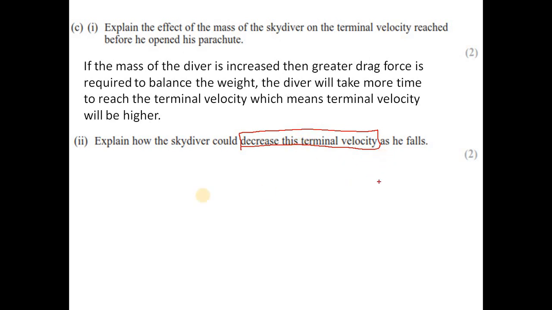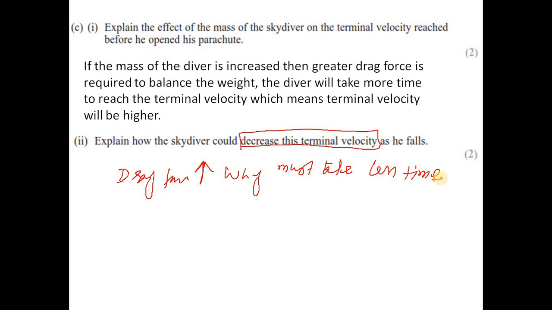So the drag force needs to increase. Why is that? Because you need to decrease the terminal velocity, that means you must take less time to attain the terminal velocity.